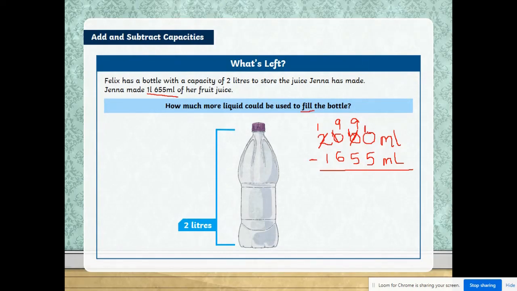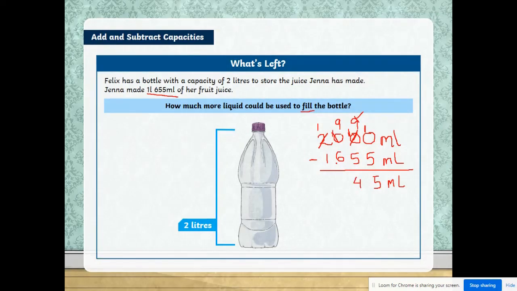So now I have 10 over here and 5. So 10 minus 5 gives me 5. All right. And remember, this is 9. So I'm going to do 9 minus 5, which is going to give me 4.